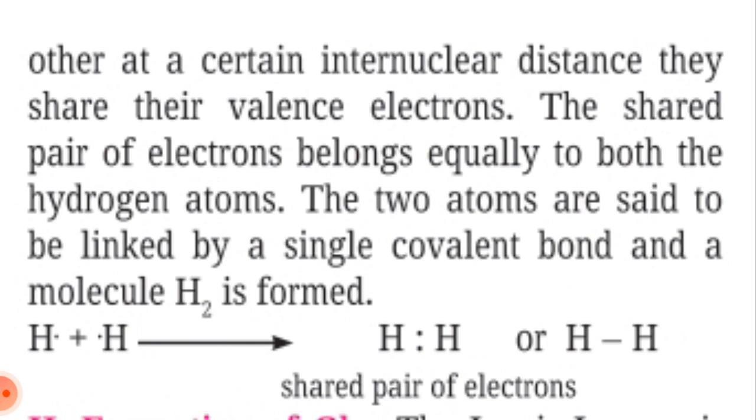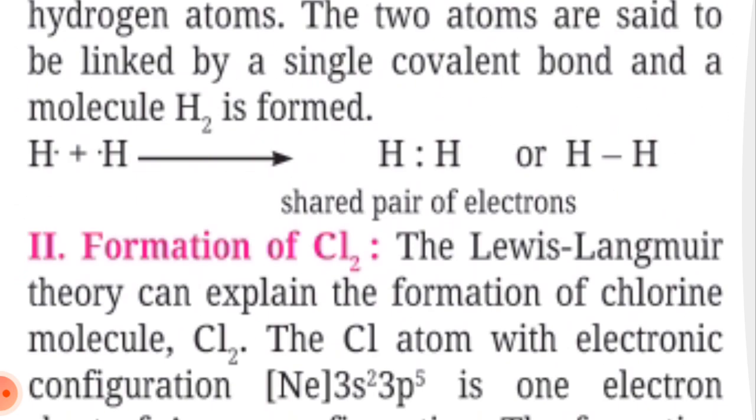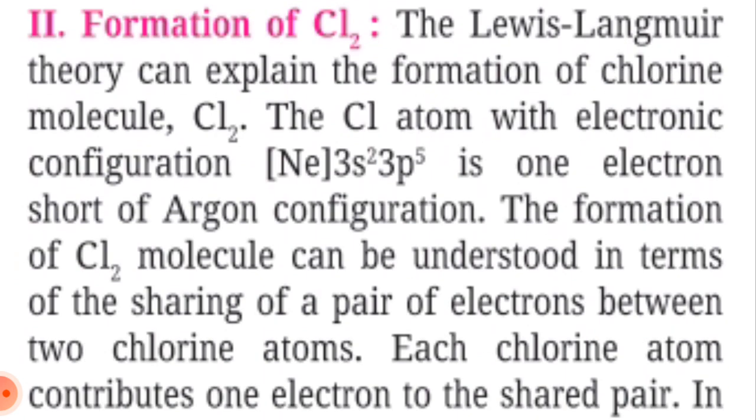Two hydrogen free radicals form H2 by sharing a pair of electrons. Formation of chlorine. The Lewis-Langmuir theory can explain the formation of chlorine molecule Cl2. The chlorine atom with electronic configuration neon 3s2 3p5 is one electron short of argon configuration.